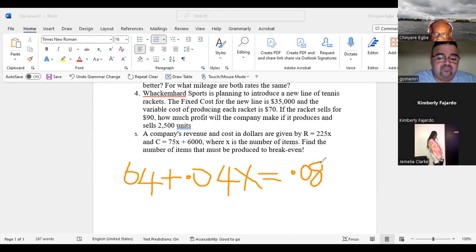That's what we came up with because the 80 canceled out the 80 on that side. Then you moved the 0.04 to the other side. Am I correct? Yeah.